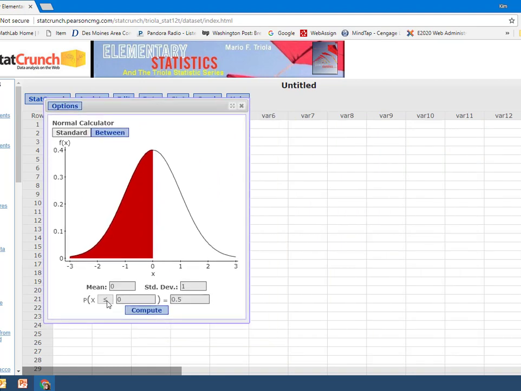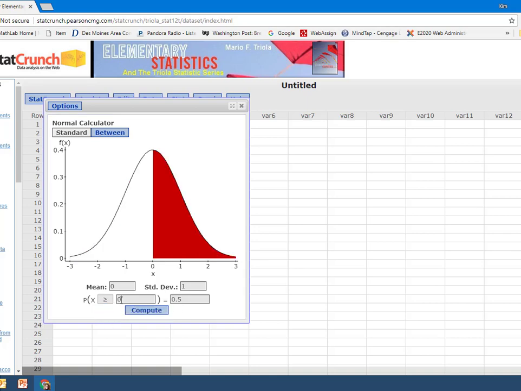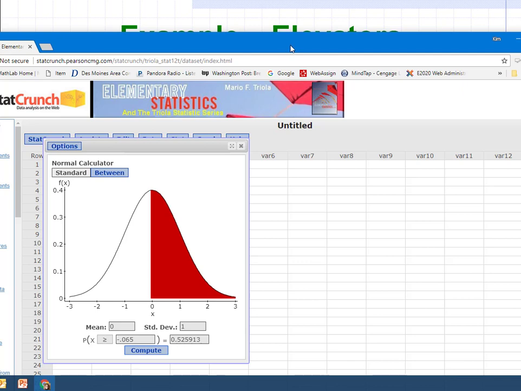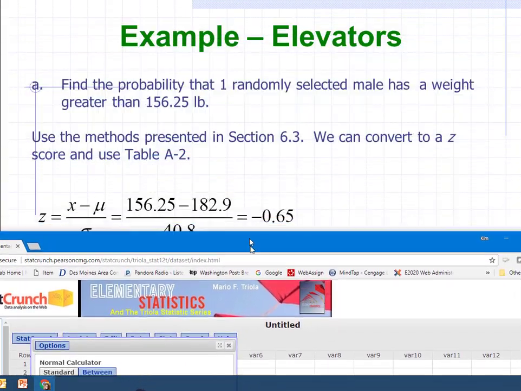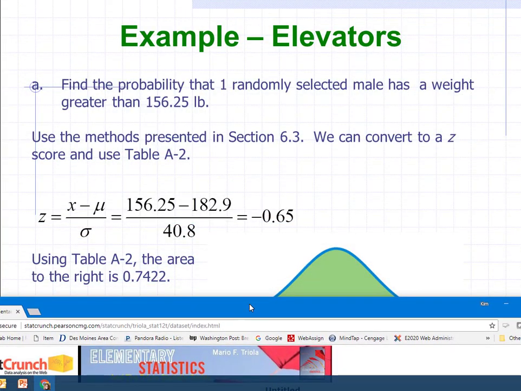I want the probability that our score will be greater than negative 0.65, and I get 74% of the distribution above that. So the probability of getting one man who weighs more than 156.25 pounds is about 74% of the time.